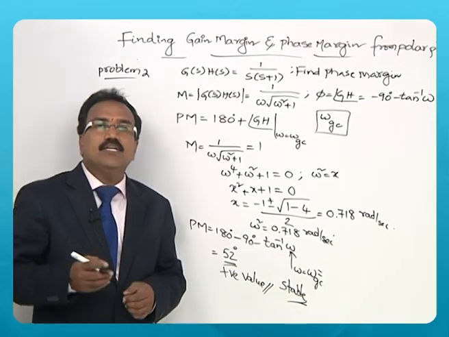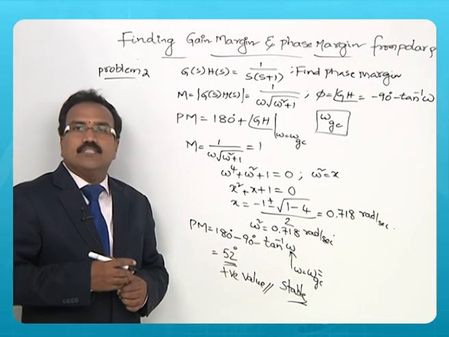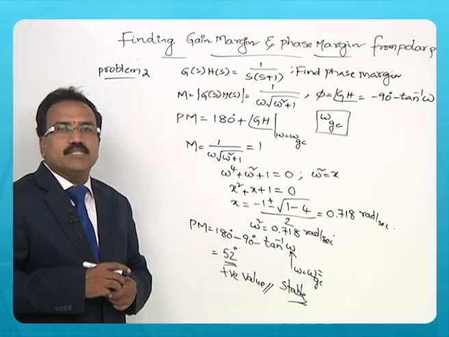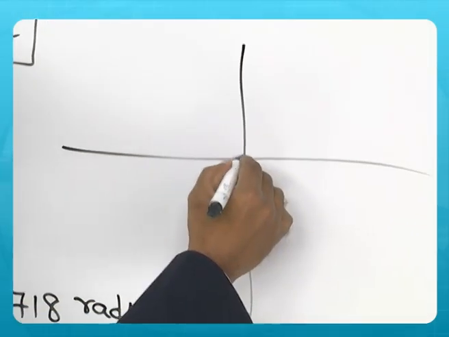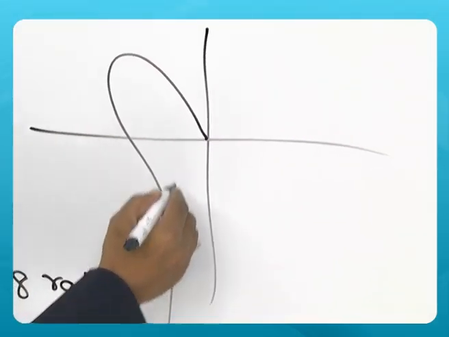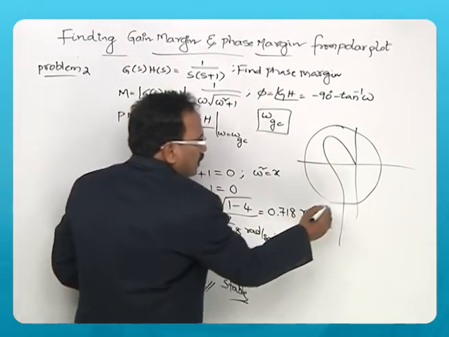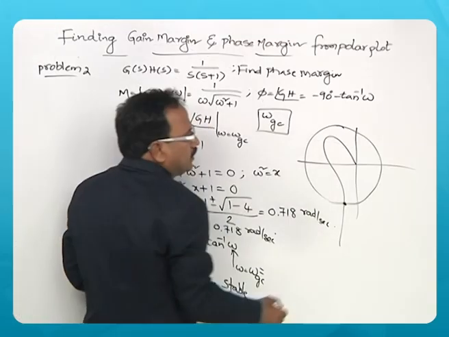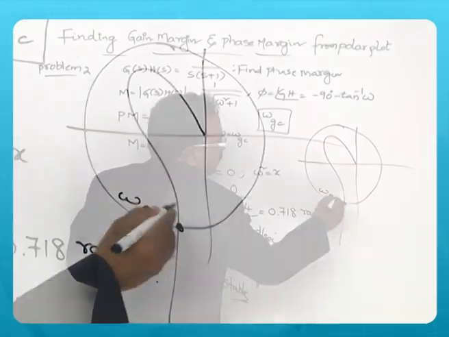So the procedure to determine the phase margin is you need to determine the gain crossover frequency. From the polar plot, we have seen that when you draw a unit circle, where that plot is crossing the unit circle is known as omega GC.